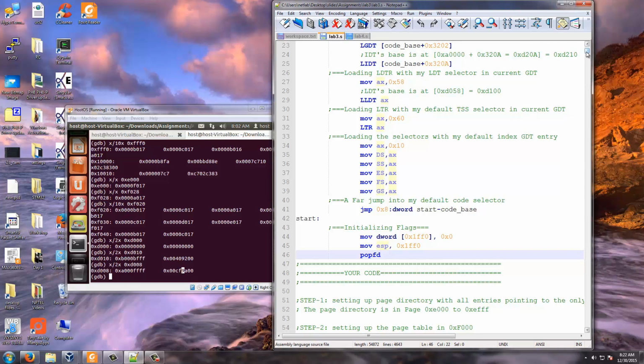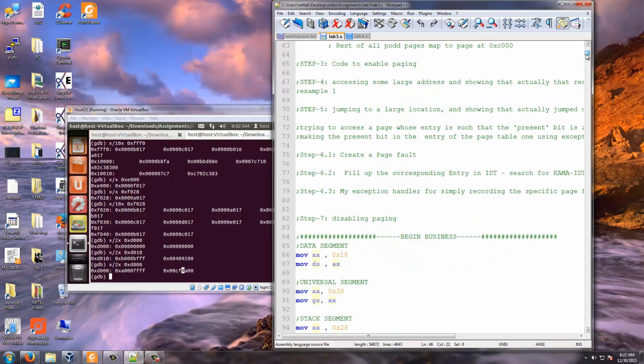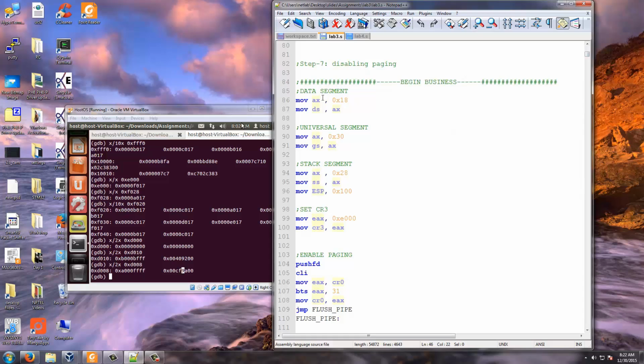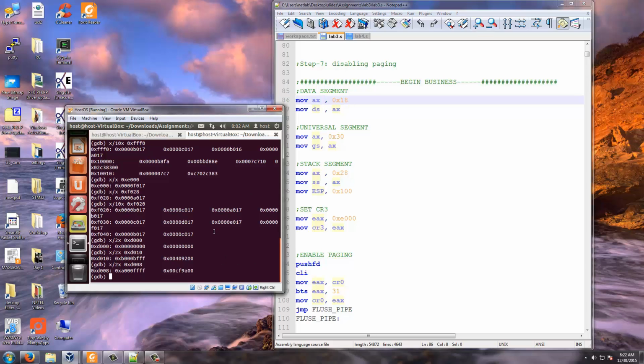Now what do we do here? Now let us go and start doing this code. Now I am coming here. I am moving AX, 0x18 to DS. What is 0x18? So x/2x D018, and that starts with B1000 and a limit of 2000, and it's again privilege 0. Okay.